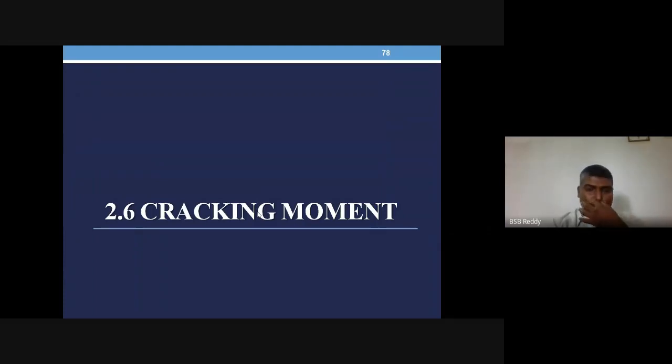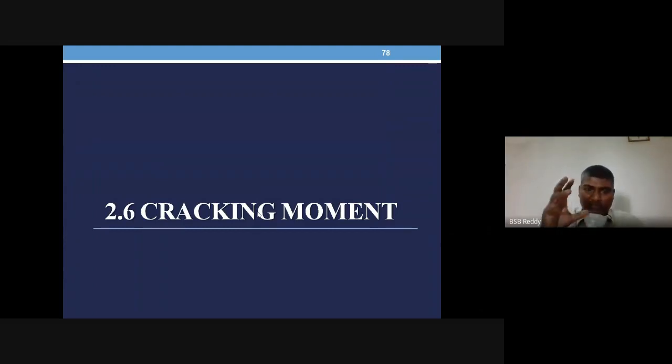Similarly, the other concept is the pressure line or thrust line or C line. By locating the thrust line, we are able to find the resultant stresses also, and we will understand very well what is going on inside the concrete when there is a load acting on the member, and how it is going to resist.